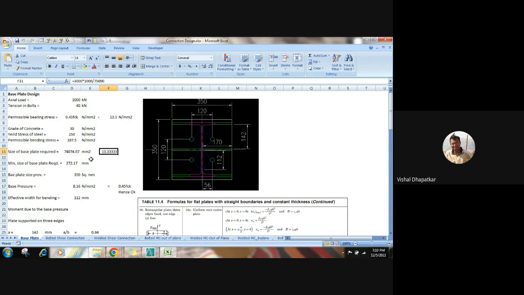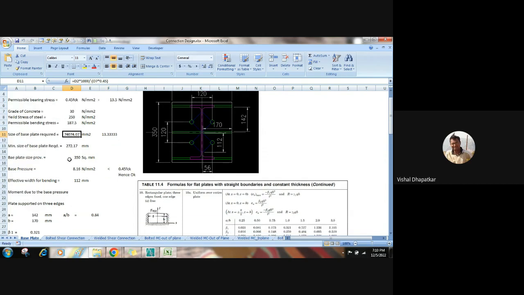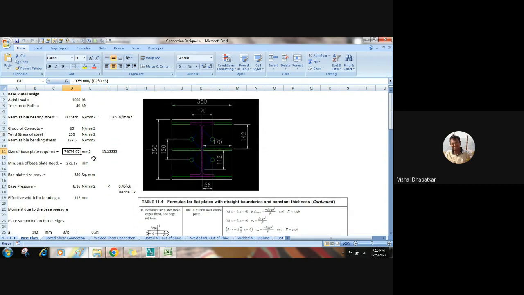Now we will assume a square size of the base plate. Once we take the square root of this area, we get one length of the base plate, the minimum size of base plate required so that the bearing stress will not be exceeded due to this 1000 kilonewton of load.